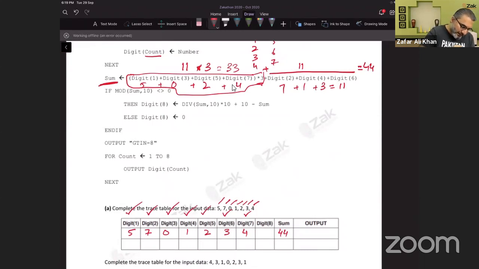Then it says if mod of sum with 10, sum is 44, we divided by 10, so 10 fours are 40.